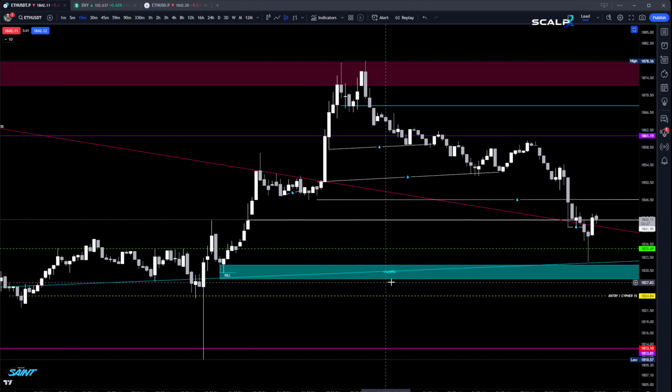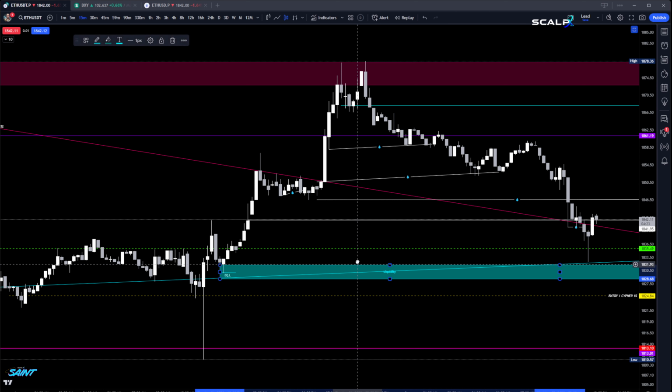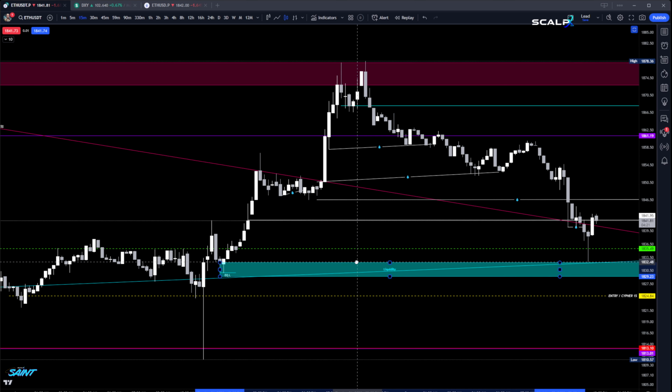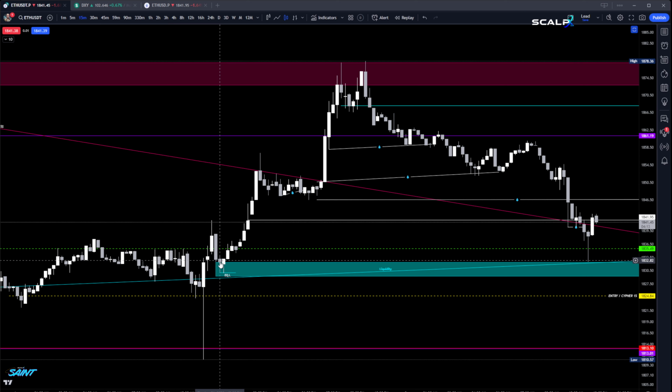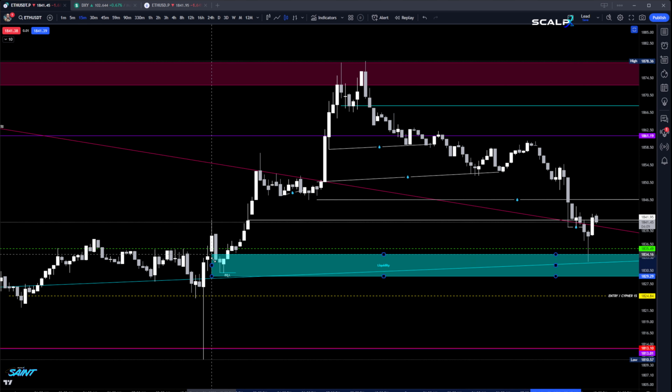And you can go as far as bring this one up. See this little candle right here, right where this sell candle began? Right there, right on the body of that.